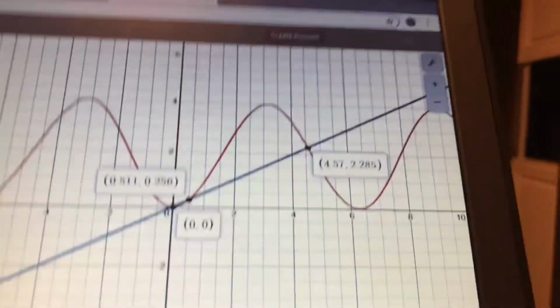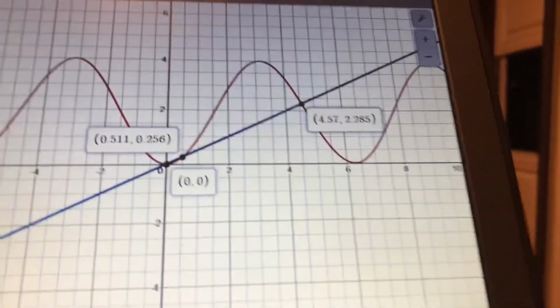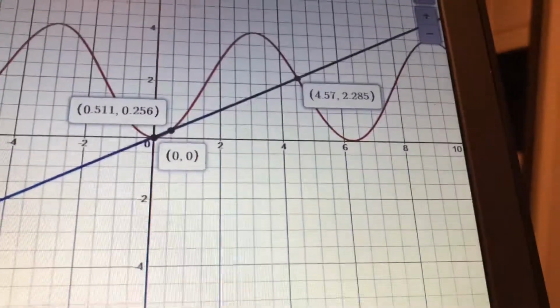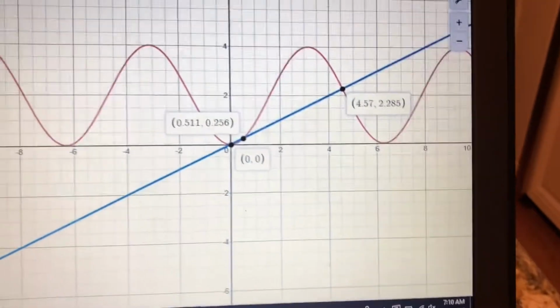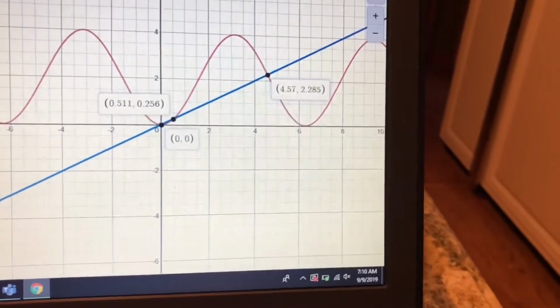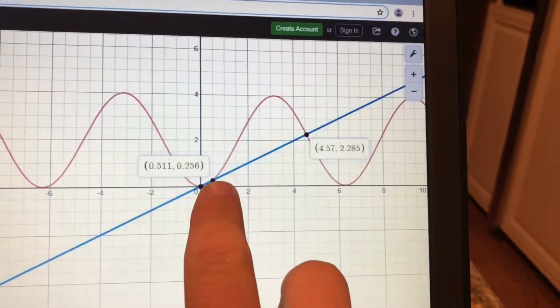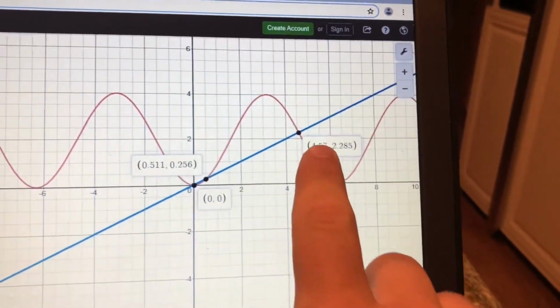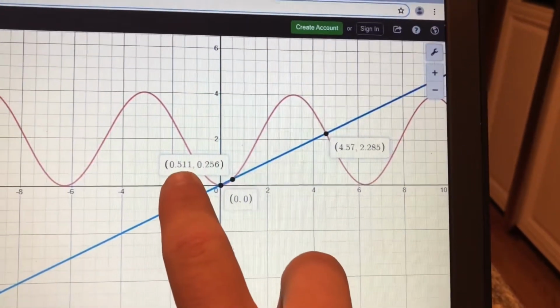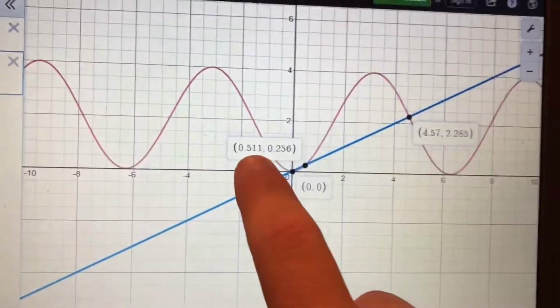So you're given this exact graph, and to find the points, you would do second calc trace. Now, we know that our solution, if we look back to our document, is between 0.5 and pi. So we know that this could be an answer. This is too large, so our only answer is 0.511 radians, okay?